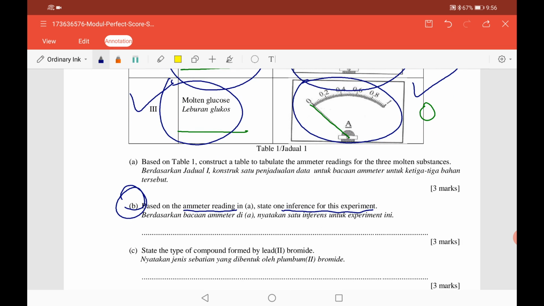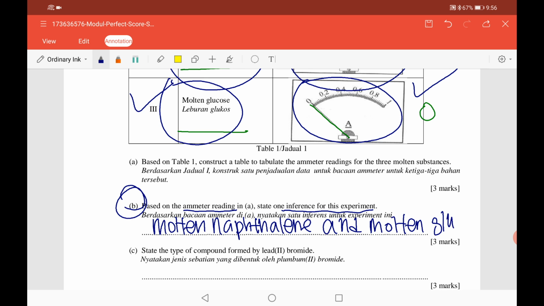So how are you going to write the answer? The answer is very simple. Just write: molten naphthalene and also molten glucose do not conduct electricity.